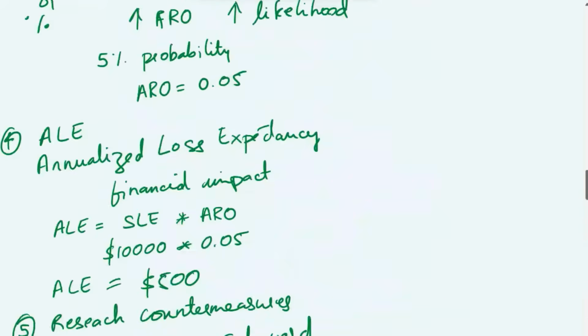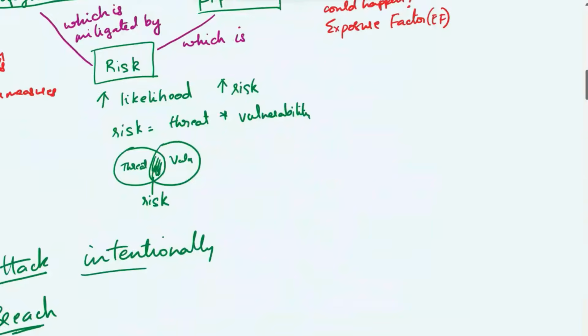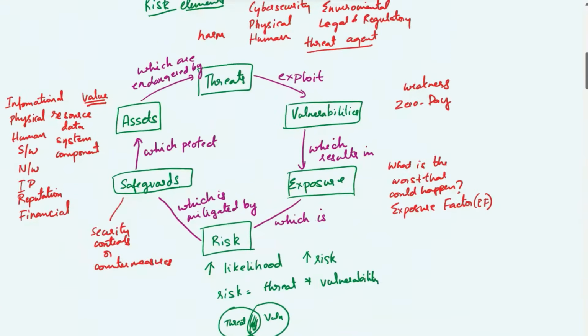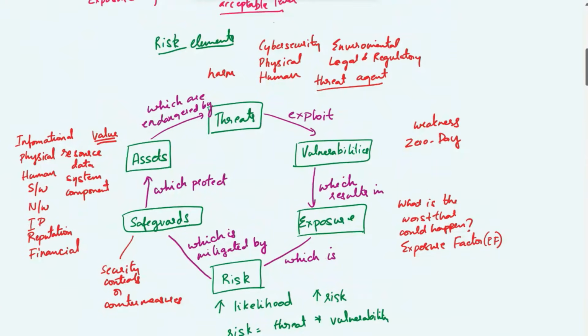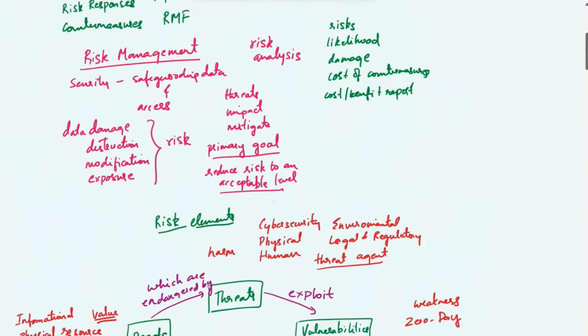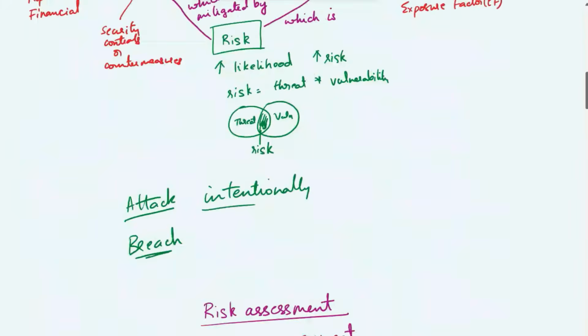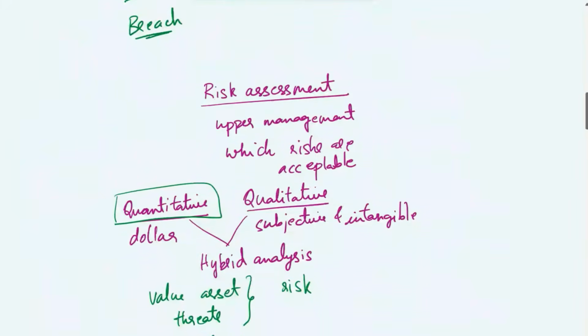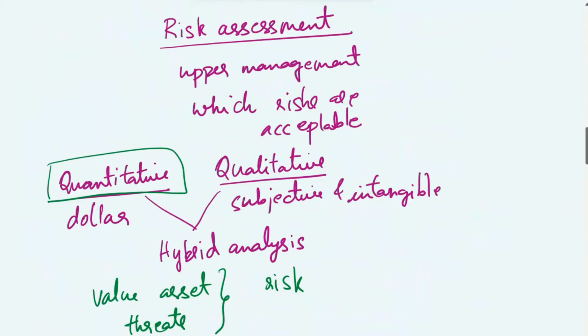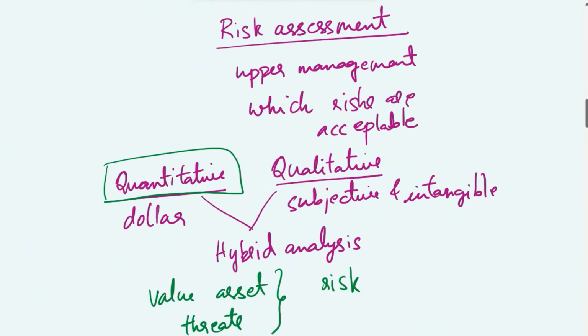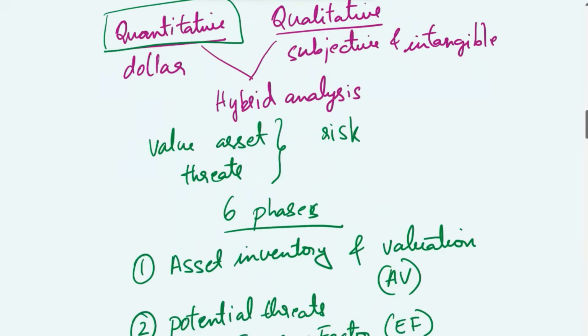So, we learned what is risk management, what are the risk elements like threats, vulnerabilities, exposure, risk, safeguard, assets, asset value, and then we learned about the risk assessment, different types, quantitative and qualitative. A combination is called the hybrid.